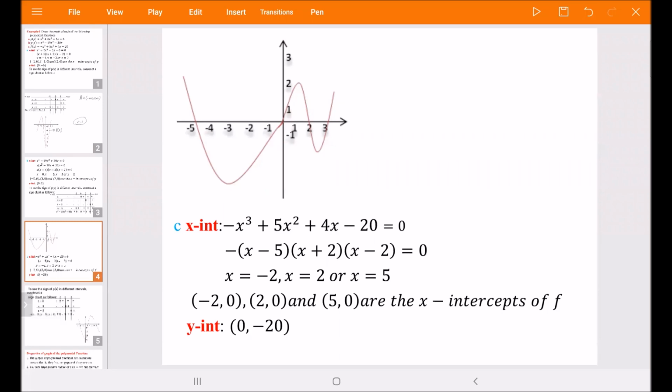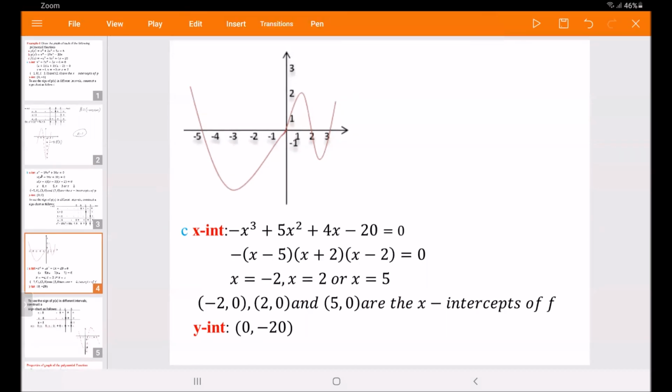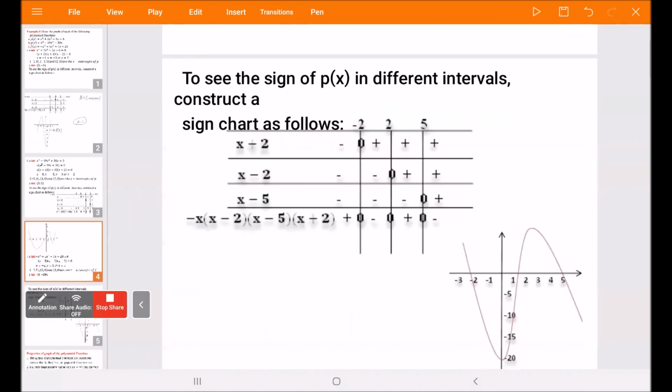You can't omit one of these points. You have to mark these 4 points on the x and y axes. Then you can depend on the sign chart constructed, and then you can sketch the graph as follows. The next step is obtaining the sign of this polynomial.